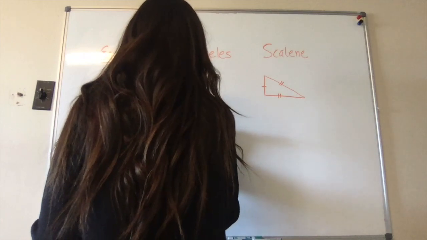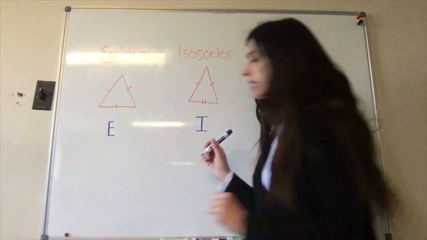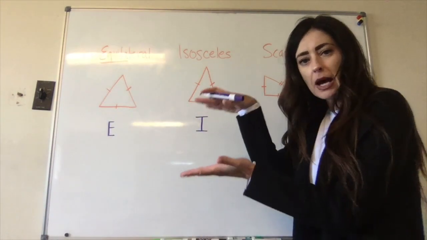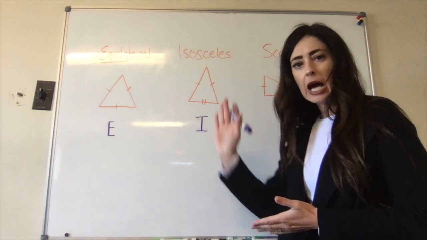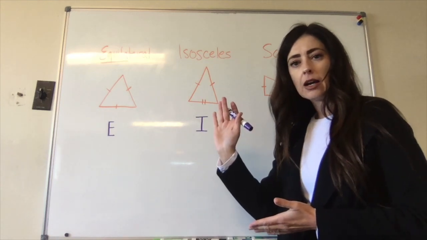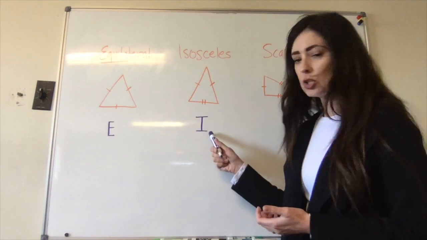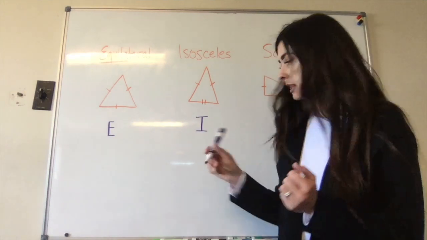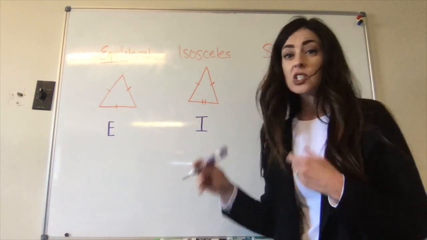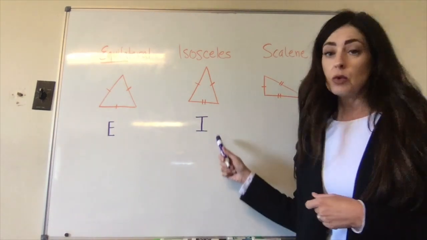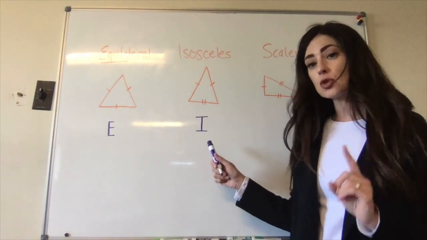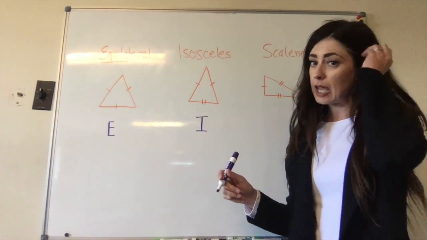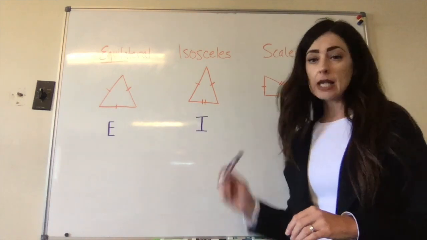Now isosceles, when we take that I and we draw it out, is it true that the top and bottom parts of the I and the up and down part of the I are different? Okay, so these 2, the top and bottom, are equal in length, and the middle one's usually longer. So that's another way that we can remember that an isosceles triangle has 2 sides that are the same measurement and 1 side that's not.